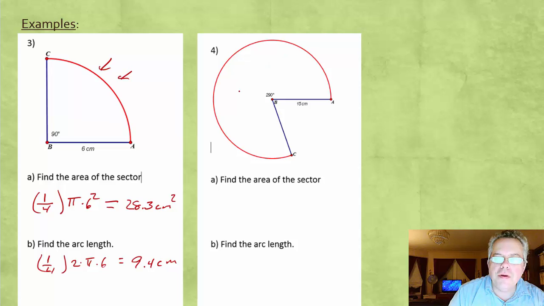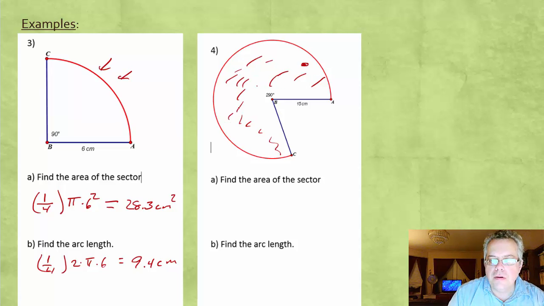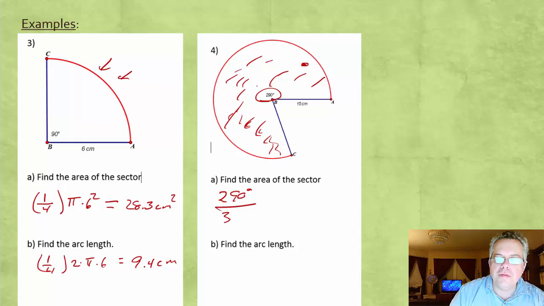One last one. We have most of the circle here. We have a pretty good chunk. The sector would be this whole kind of Pac-Man shaped thing. Should give it some eyes or something. All right, this whole area is what we're looking for. Almost all of the circle, but there's a big chunk missing. So we'll find the fraction of what we have. We have 290 degrees, that was right here, divided by 360 degrees, times total area, pi times 15 squared.